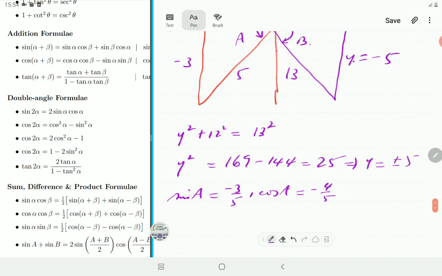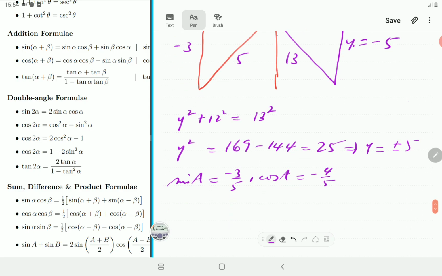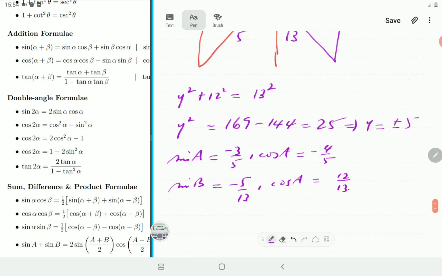We can write tangent, but we're not going to need that because we're only doing sine and cosine here. Then for B, sine B is going to be negative 5 over 13. Cosine B, of course, is given as 12 over 13.